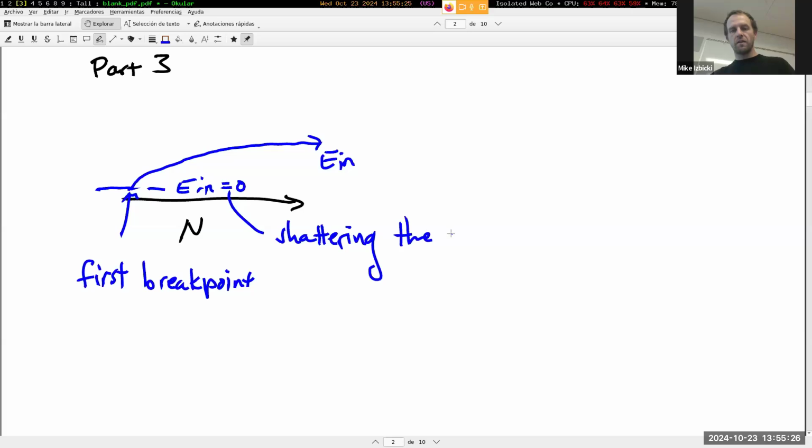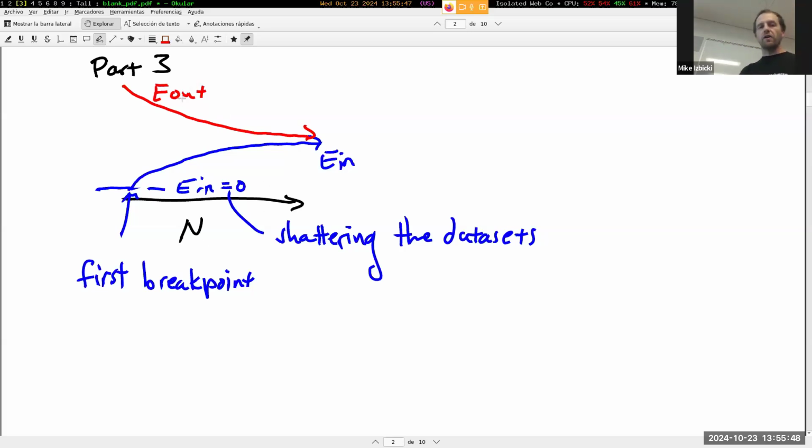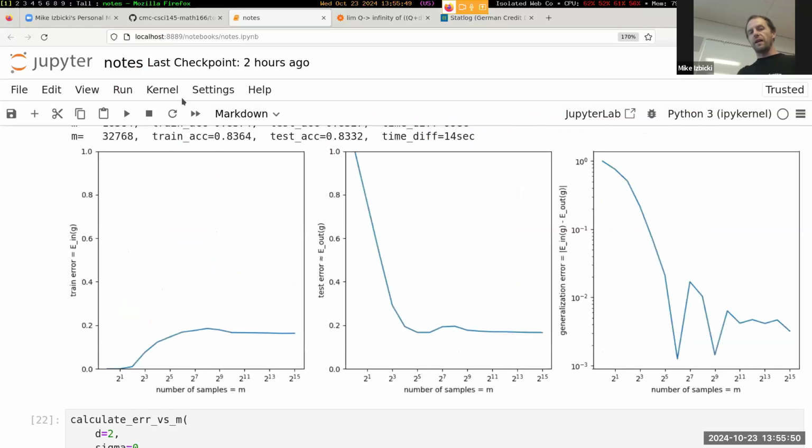If you shatter the data set, then you have an E_in of 0. You'll also see in the plots that the out-of-sample error is going to be coming down as your number of data points increases.